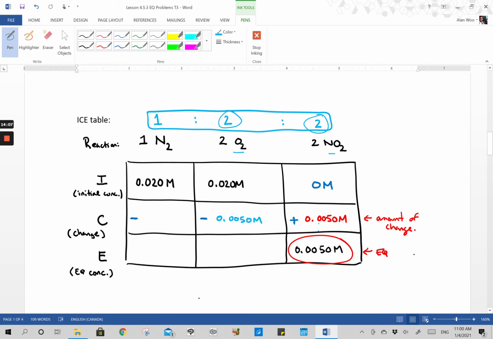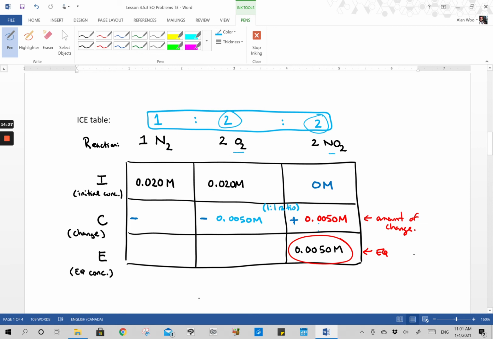So this is a 1 to 1 ratio between O2 and NO2.